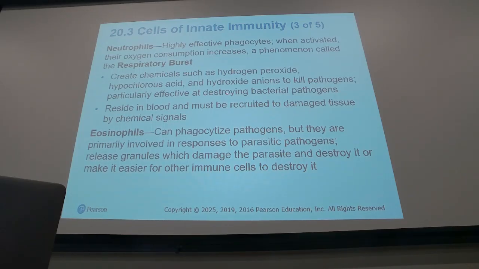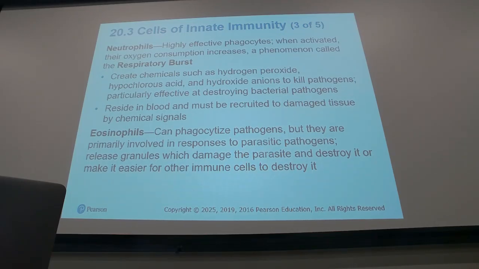This release of these molecules is called a respiratory burst. The neutrophils themselves are the first responders of an inflammatory reaction. They appear first, and if in this area where you have inflammation you have bacteria, they release these molecules to kill these bacteria.